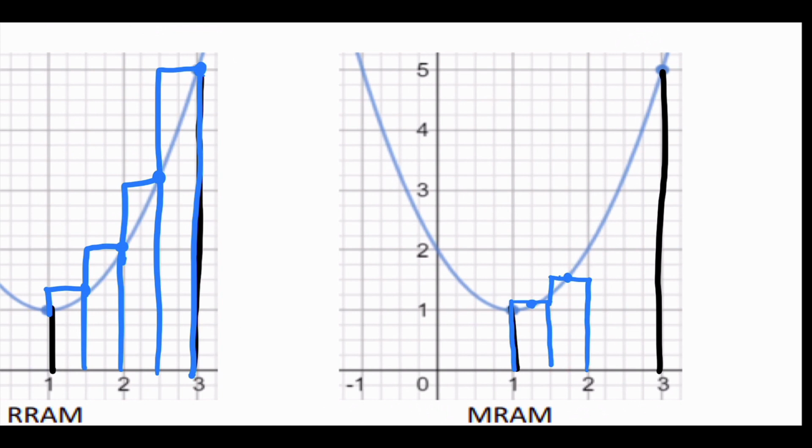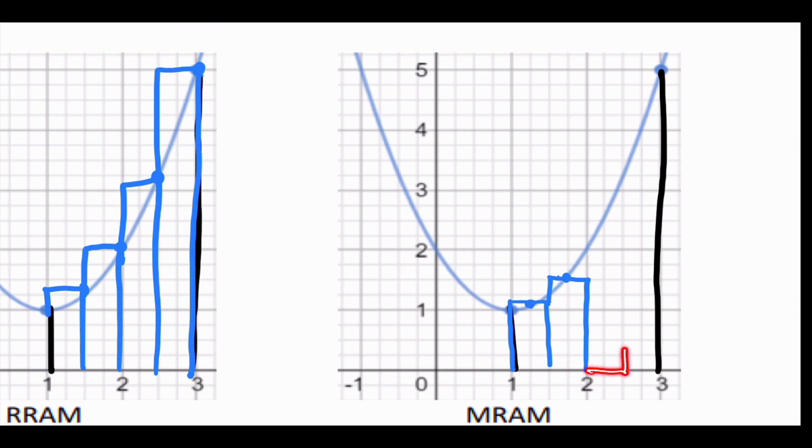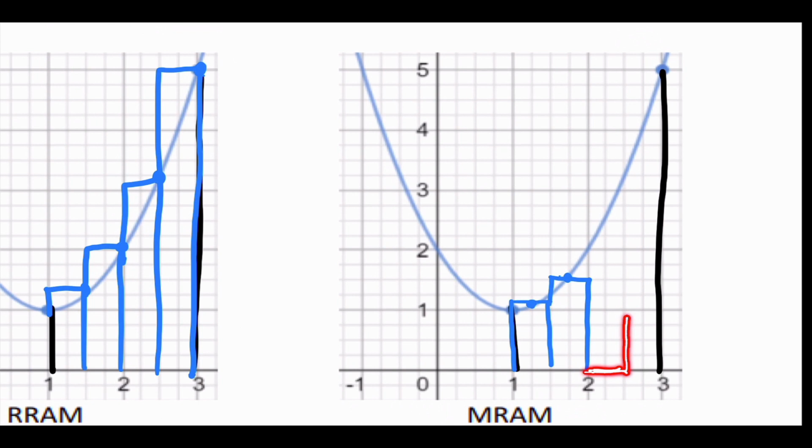The next rectangle is from 2 to 2.5. The midpoint from 2 to 2.5 is 2.25 right here. That is going to be the height of my third rectangle.